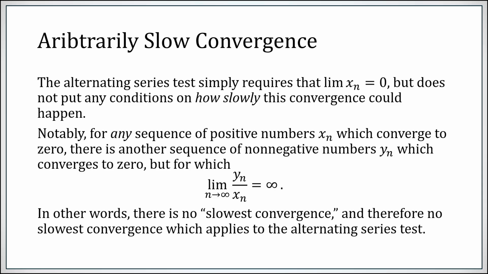So there's no such thing as a slowest possible convergence here. No matter what xn you have converging to 0, you could make another sequence converging to 0 even slower. But the alternating series test could still apply to an alternating series constructed out of that sequence.